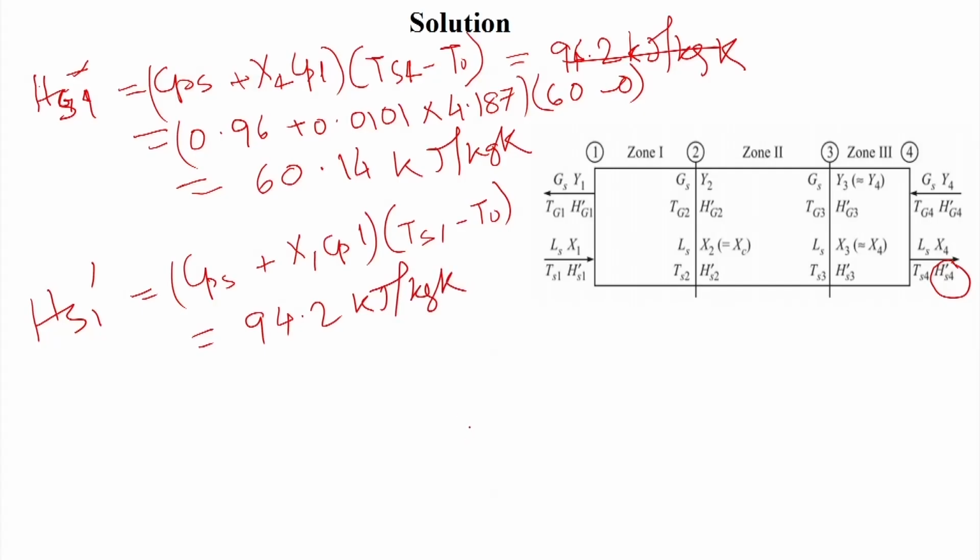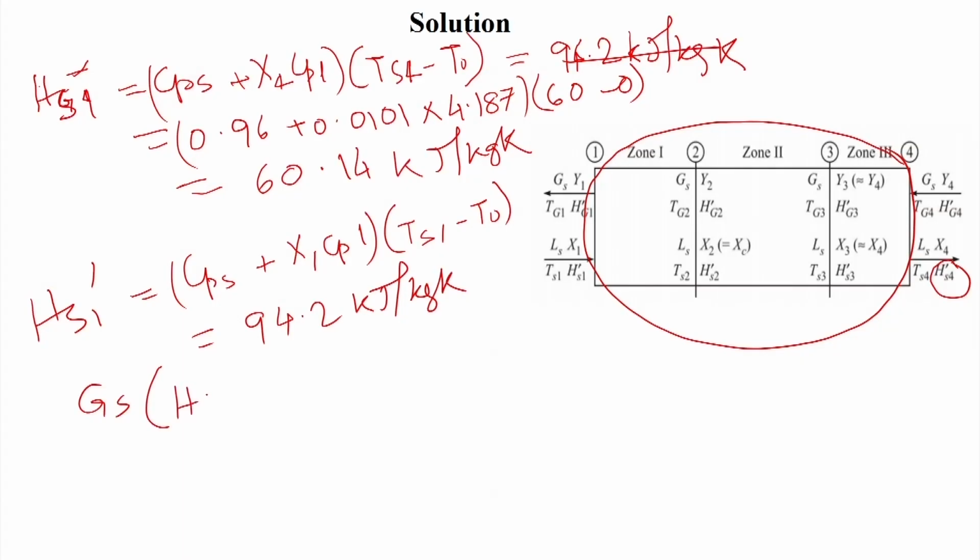Okay. Now, we will be doing the overall enthalpy balance across the entire dryer. So, we will be getting Gs into Hg4 prime minus Hg1 prime is equal to Ss into Hs4 prime minus Hs1 prime. We will be putting all these values to get Hg1 prime, which is not available.